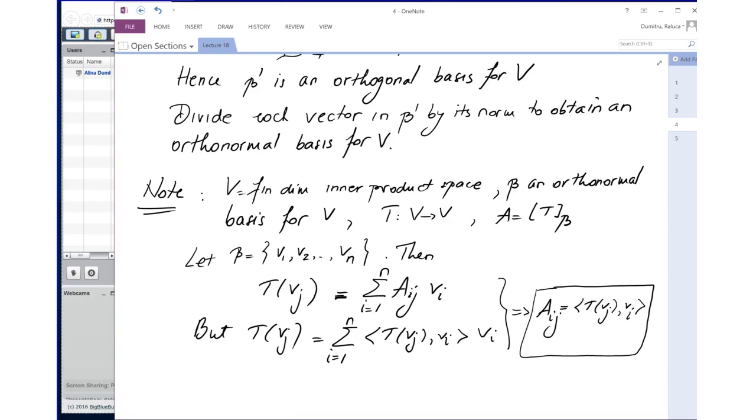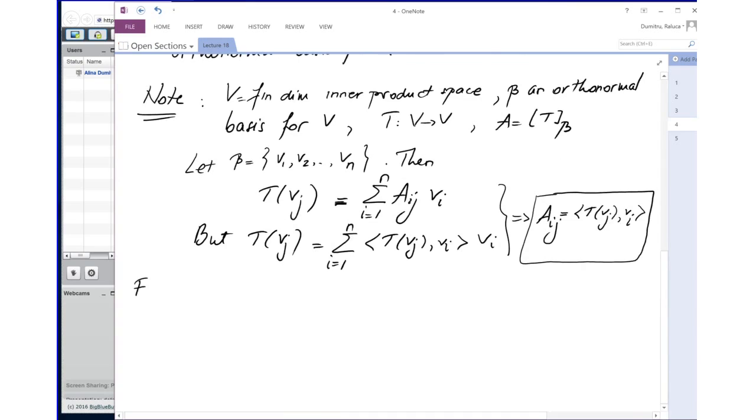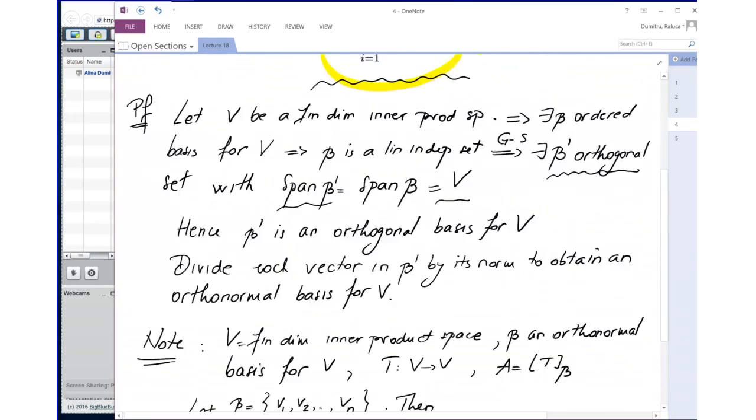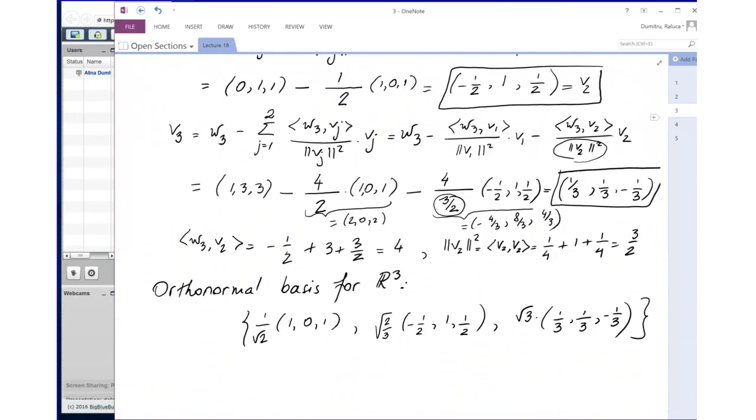Okay. You want to see an example of computing things like that, maybe? Now, I'm going to make use of the previous orthonormal set, so we don't have to create another one.